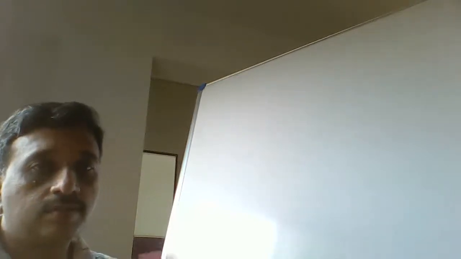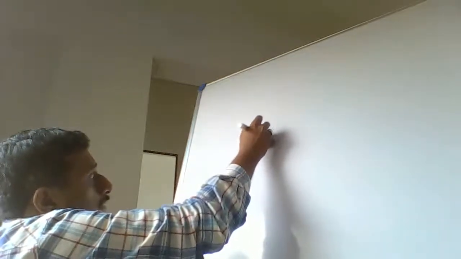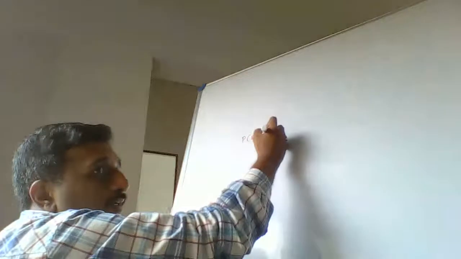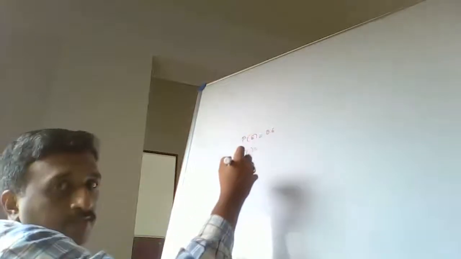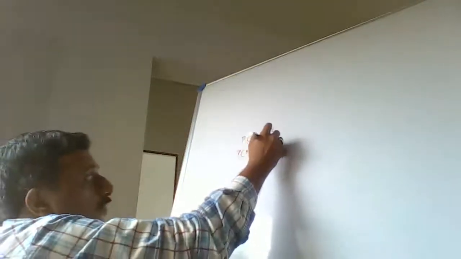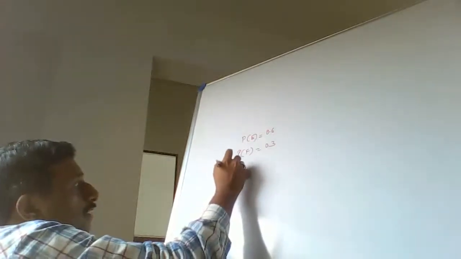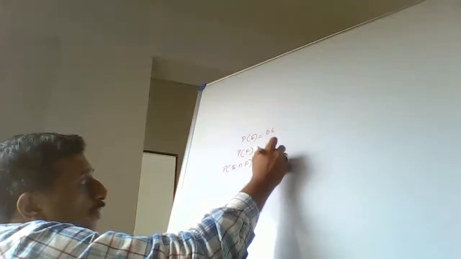Okay, so let's see. Now, given that E and F are events such that P of E is 0.6, and P of F is 0.3, fine, and P of E intersection F is 0.2.